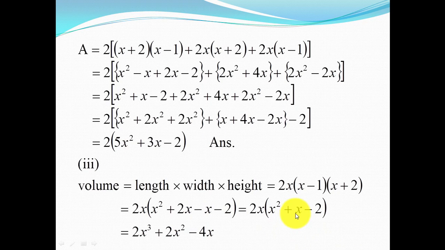Then multiplying 2x with this round bracket expression we get this. The volume of the rectangle is this. If the value of x is given, then we substitute the value here and we get the exact volume in digits.